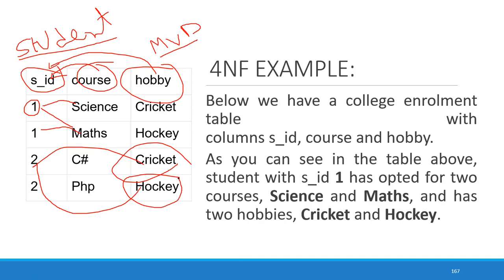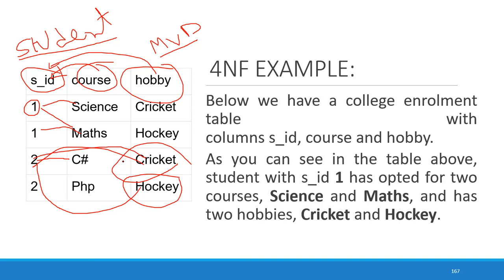These two also depend on number 2. Student 2 has chosen a programming language and his hobby is cricket. These two are also independent. So here also we can define that there is a multi-valued dependency.